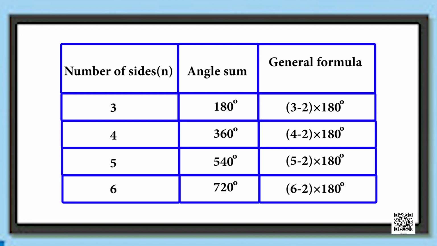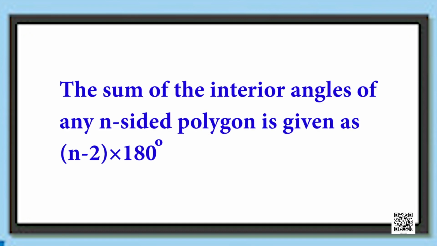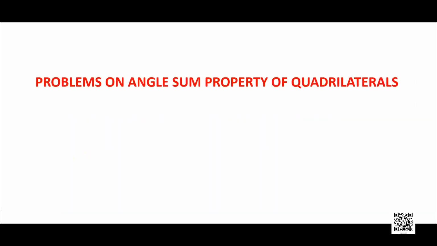For a 6-sided polygon, the angle sum would be 720 degrees, because it has got 6 sides, it will be 6 minus 2, which is 4 into 180, which comes out to be 720 degrees. So, generally, if there is a polygon with n sides, the angle sum would be given as n minus 2 times 180 degrees. Now, let us do a few problems on the angle sum properties of quadrilaterals.